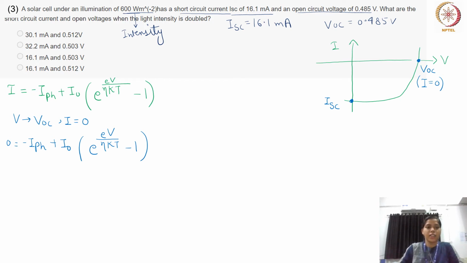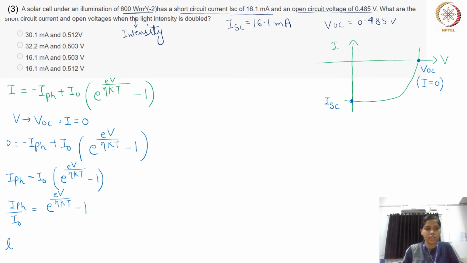Now let's take this IPH, that is my photo generated current, on the left hand side. So we can write IPH equals I naught bracket e raised to the power EV divided by eta KT minus 1. Now we can write IPH divided by I naught equals e raised to the power EV divided by eta KT minus 1.